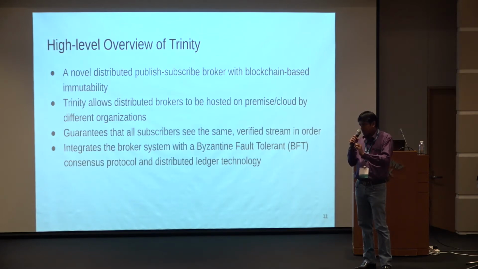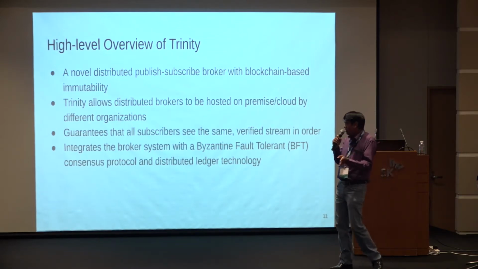If you're subscribing to that message from one of the brokers, you can be guaranteed that all the subscribers that are part of this Trinity infrastructure would see the same message. Why is it important? Because you don't want different entities to be seeing different messages to hide the truth. That is the model that we are going for.